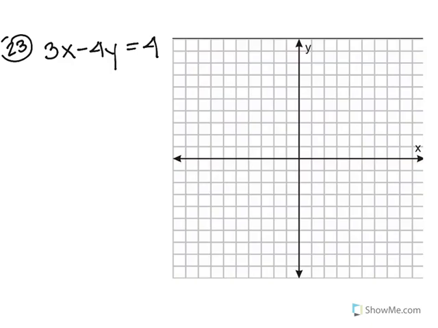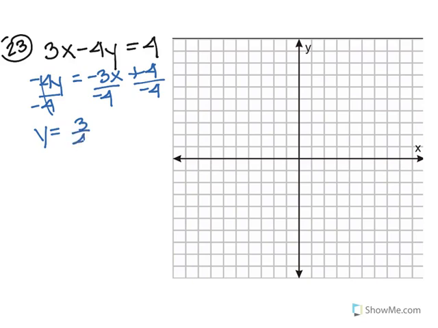All right. So first off, let's put this in slope-intercept form. I'm going to solve for y. So that's negative 4y equals a negative 3x plus 4. Then we're going to divide by negative 4. And so y equals a positive 3 over 4x minus 1.